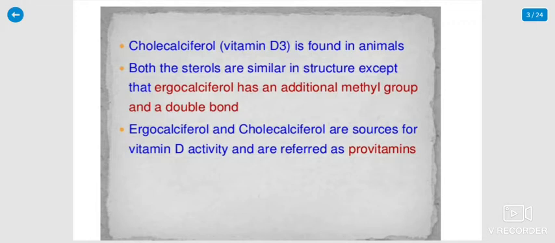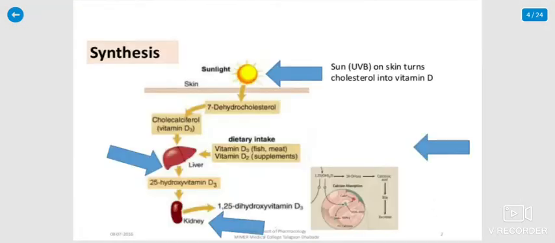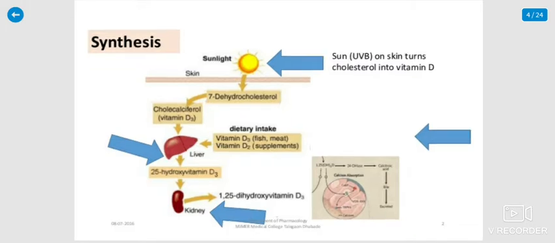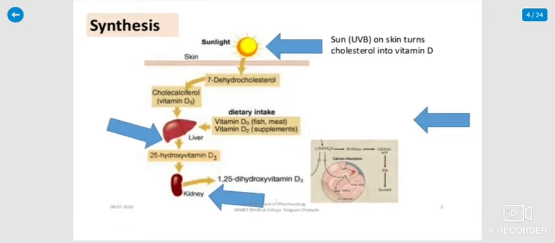Ergocalciferol and cholecalciferol, vitamin D2 and D3, are the sources for vitamin D activity and are referred to as provitamins. Actually, vitamin D is synthesized by sunlight.